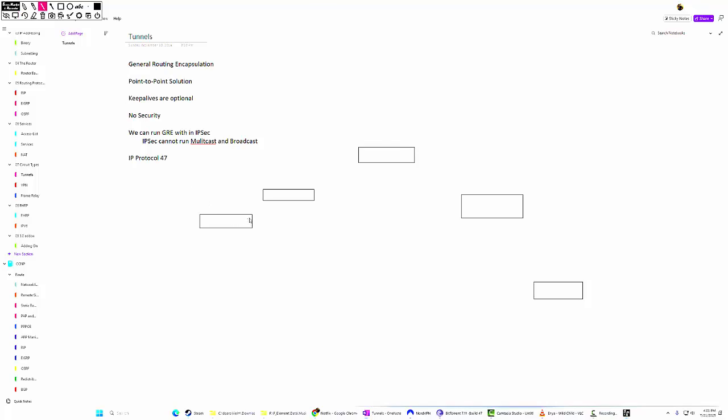Here's the thing. These devices are connected like so, and I can literally set up tunneling here. Let's go back. All right, and let's take the circle here. I can do my tunneling on this interface and on this interface.